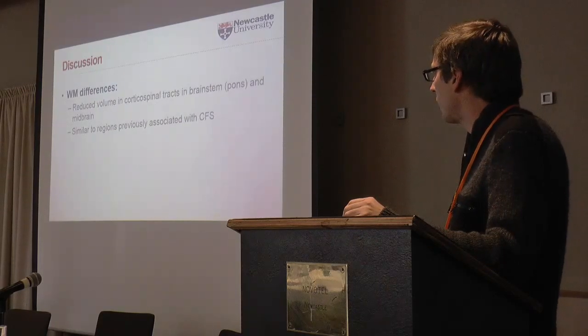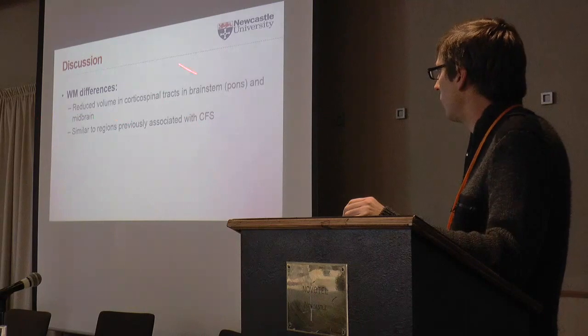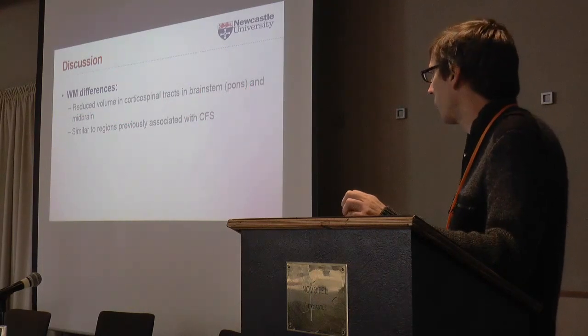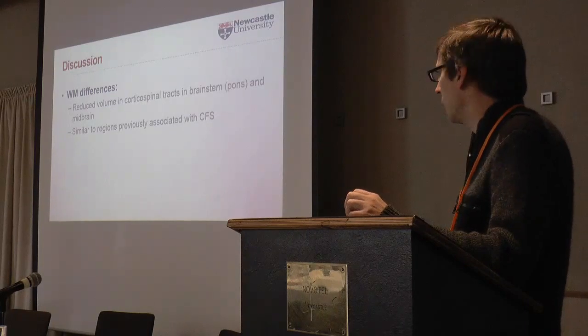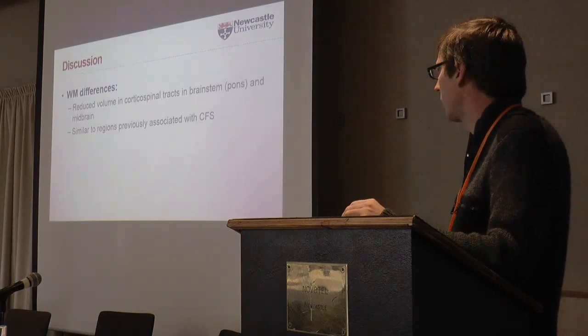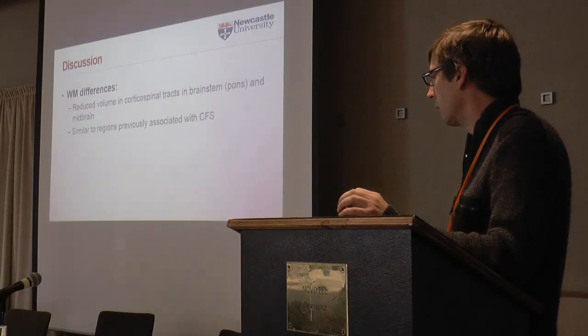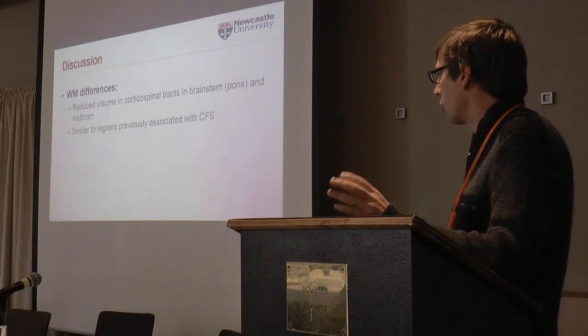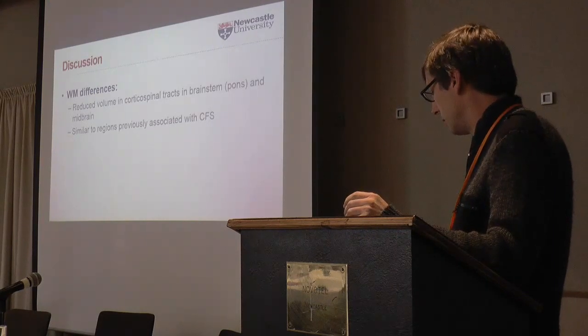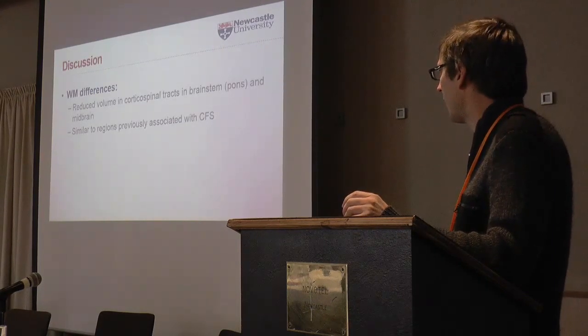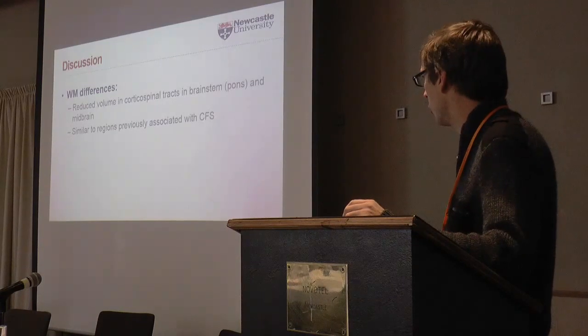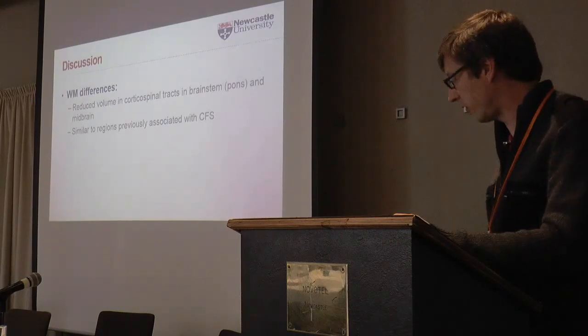In the white matter differences, like I said, we saw reduced volume in the corticospinal tracts and the brainstem pons. We heard from Julius about the role of the brainstem in pain perception, so that certainly seems to be an important region. And perhaps importantly, those are also regions that have been shown to be associated with CFS previously.